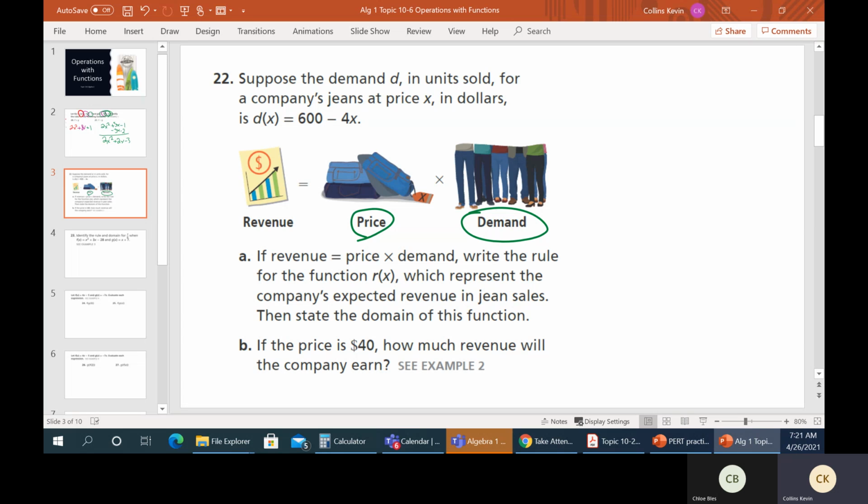Look at it this way. What happens if your demand is 0? Like, nobody wants this stuff, right? So you'd have to do 0 equals 600 minus 4x.